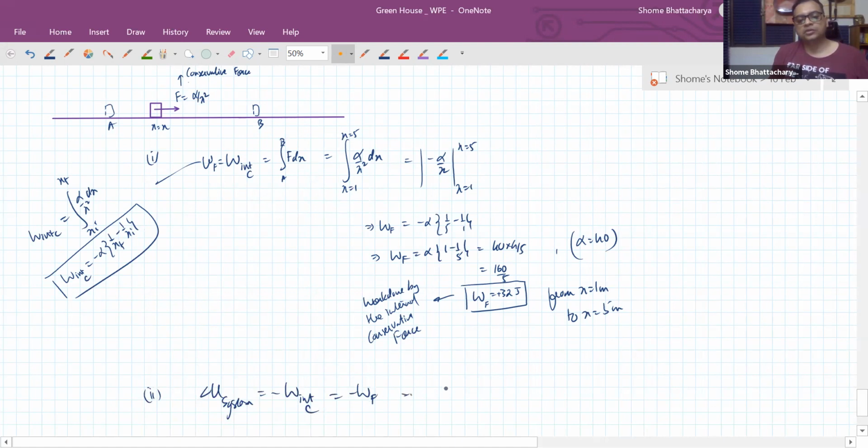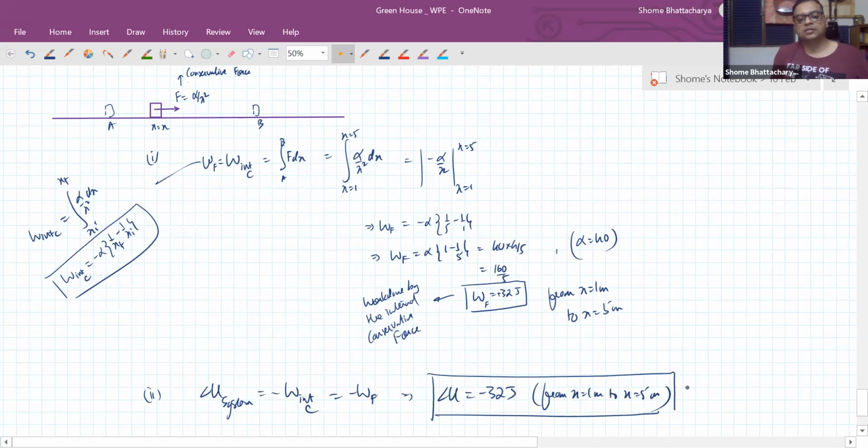So delta U will be equal to minus 32 joules from x equal to 1 to x equal to 5 meter. So if the body is going from x equal to 1 to x equal to 5, the change in potential energy of the system is a drop of 32 joules. It loses 32 joules of potential energy.